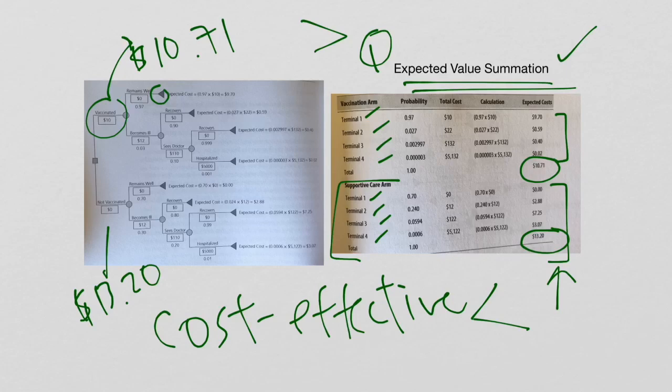So are we going to look for the number that's smaller or bigger? Let's think about this. Most cost effective. We want to see which of these is most cost saving. So the $10.71 is the smaller number compared to $13.20. Therefore, it is the vaccinated arm which is going to be considered more cost effective.